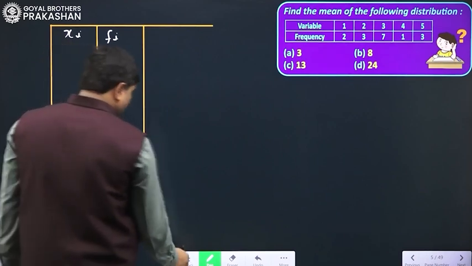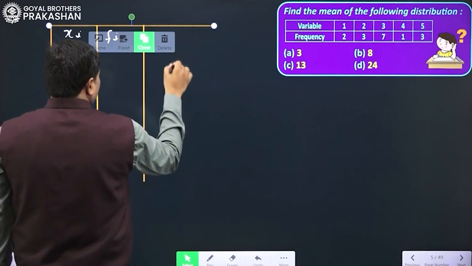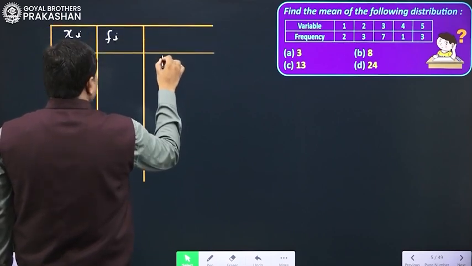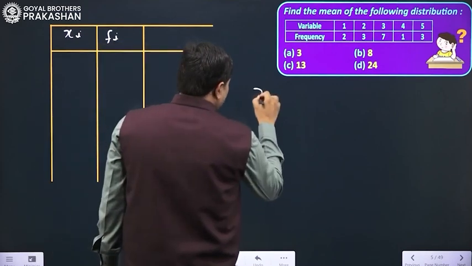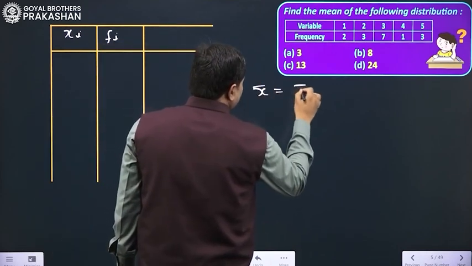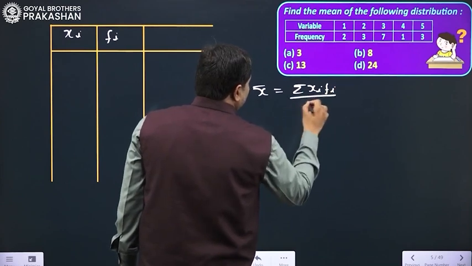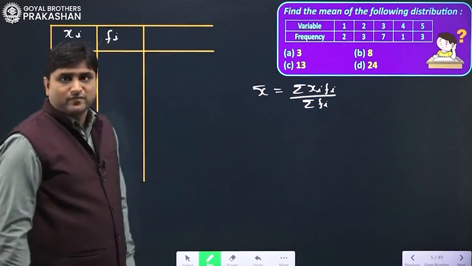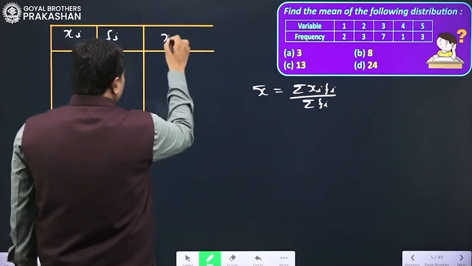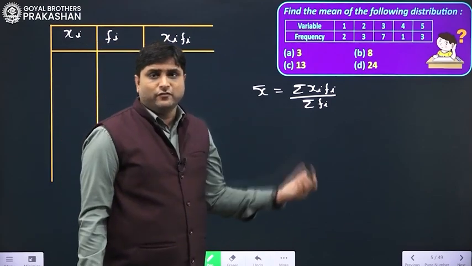Then we know that the mean of data is x bar, which is equal to summation of xi fi divided by summation of fi. So dear student, this will be a column for xi fi, as we need the summation of xi fi.